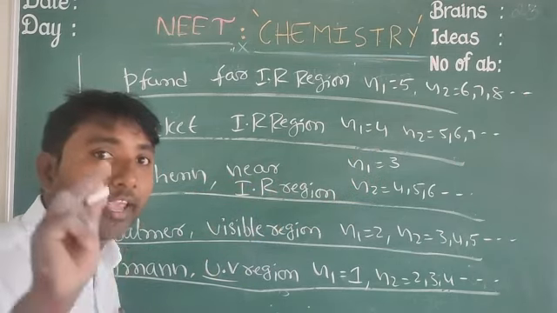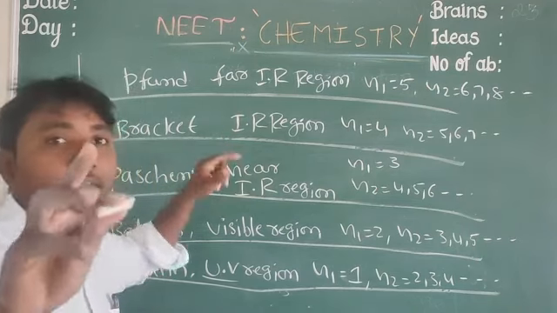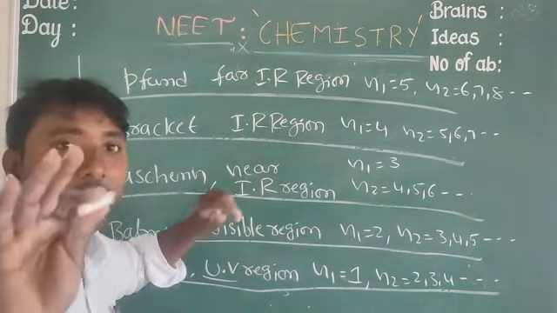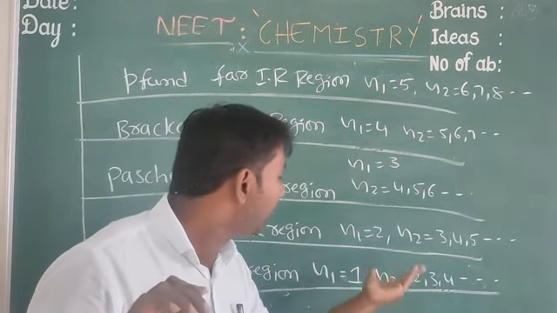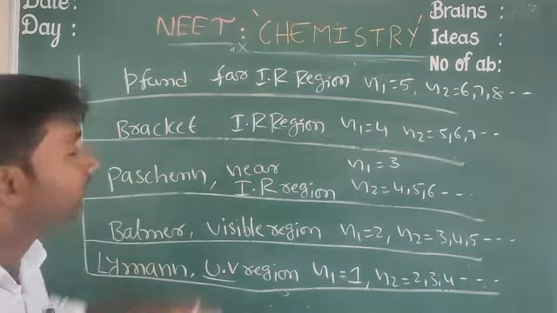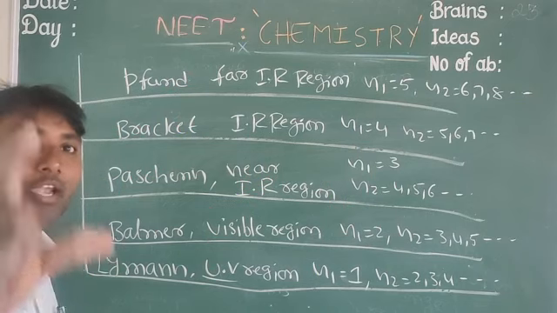IR means infrared. Brackett, n1 equal to 4. It appears in the infrared region. Pfund, for IR region, n1 equal to 5. So n2 value is always more than the n1 value. So these are the 5 series of lines in the hydrogen spectrum.